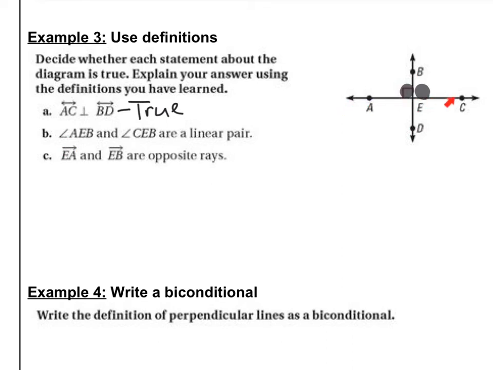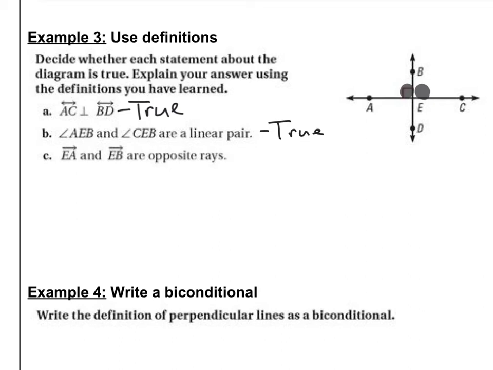We know that this right here, line AC, is a line, which means that the angles on it are going to add up to 180 degrees. So we would say, yes, this is true, because we know that a linear pair are also supplementary, so those add up to 180 degrees.